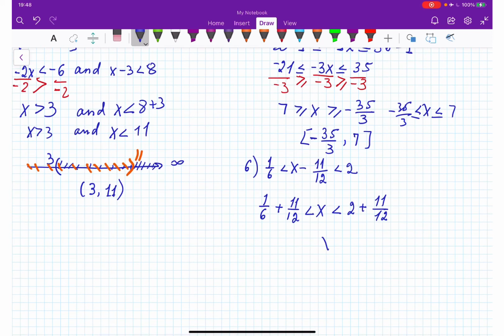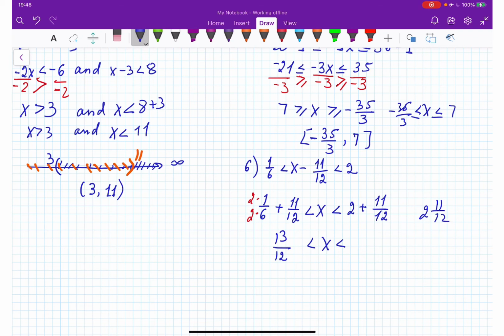And we get x is greater than 1 over 6 plus 11 over 12. So let's see, the common denominator is 12, which means here we are multiplying by 2. And we are going to get common denominator 12, and 2 plus 11 is 13. Then less than 2 plus 11 over 12, it's going to be 2 and 11 over 12.